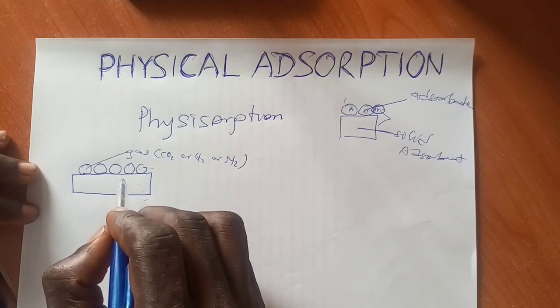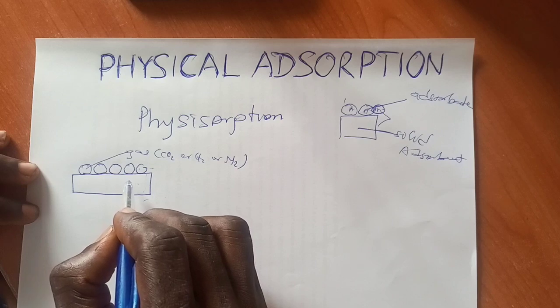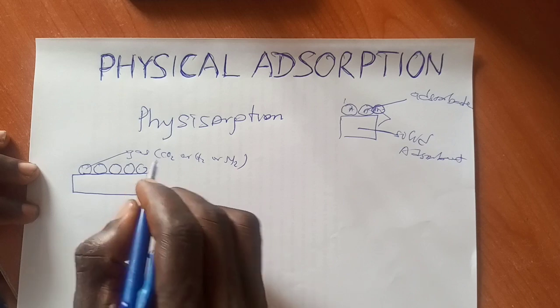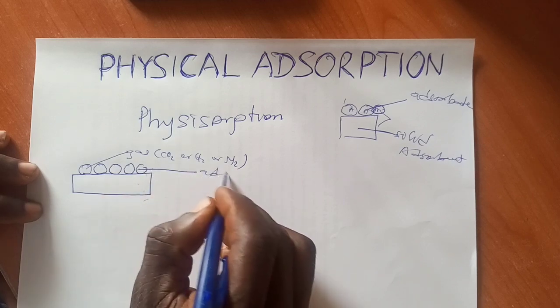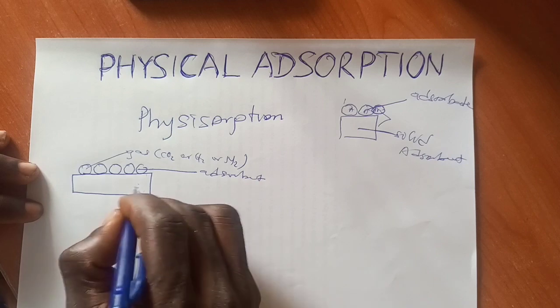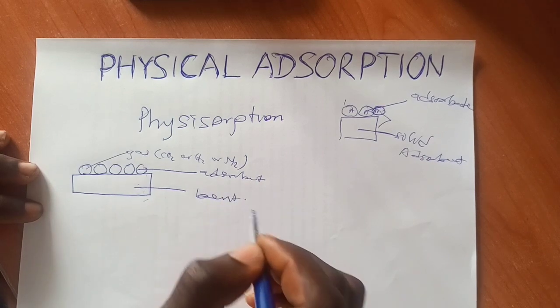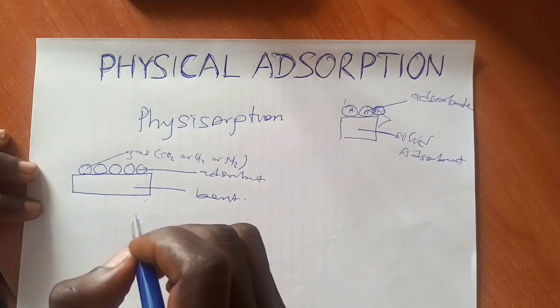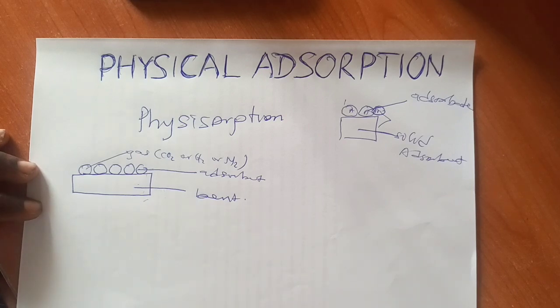It is a process where a gas molecule is held on the surface of a solid by van der Waals forces without forming any chemical bond between the adsorbate and the adsorbent. The gas molecule is being held to the solid surface by van der Waals attraction.